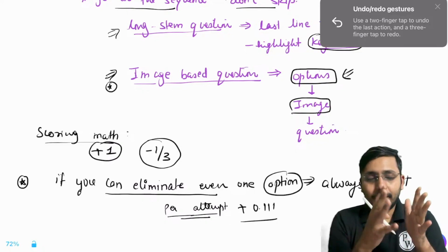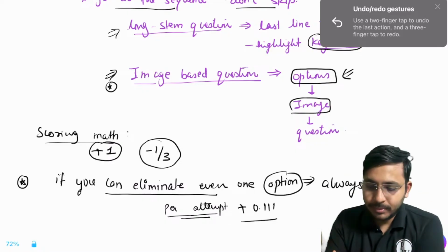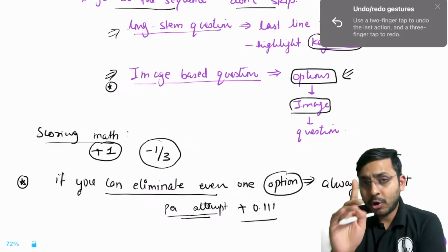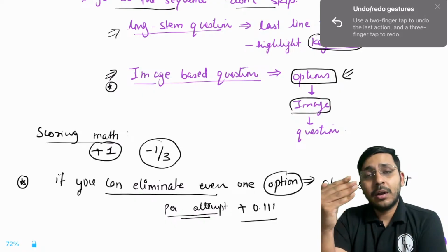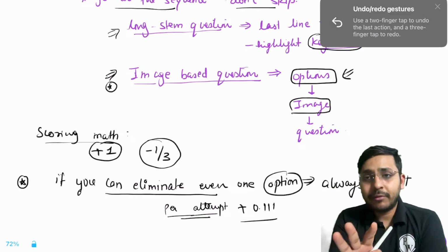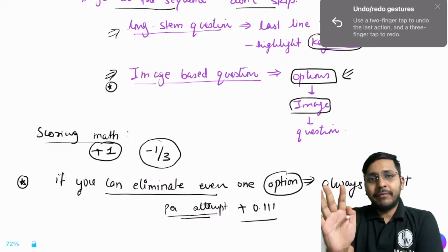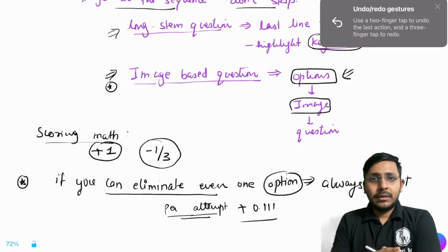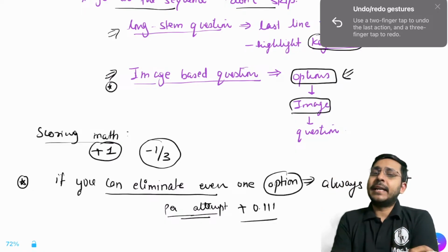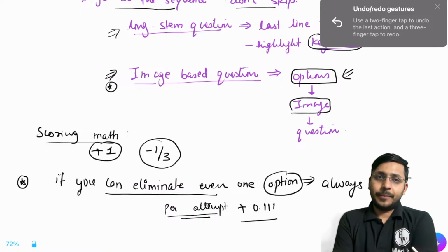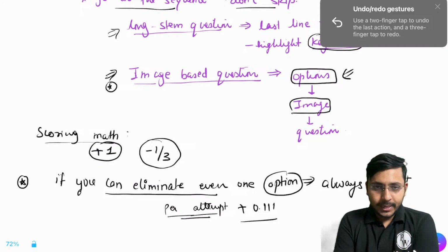So based upon the number of attempts and the good probability, if you are able to eliminate even one option, attempt, the overall addition will be positive only. And in any case, if you're lagging behind 190, then it's a good idea to give that question an attempt. Okay, so these were my 2 cents regarding this session, regarding how many questions to attempt.